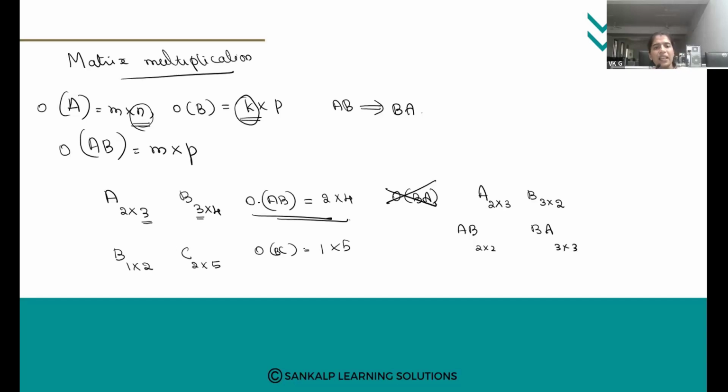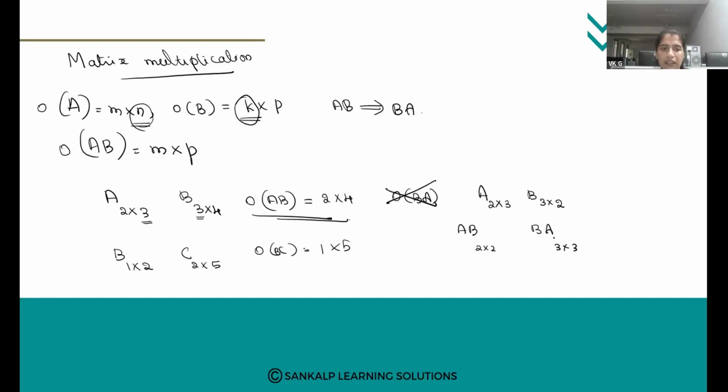In the previous case AB was defined, BA not defined. In the present case both are defined, but unfortunately the orders are unequal. Two matrices are equal only if their orders are the same, but the first is of order 2 by 2, the second of order 3 by 3, so they are unequal. So AB is not equal to BA.